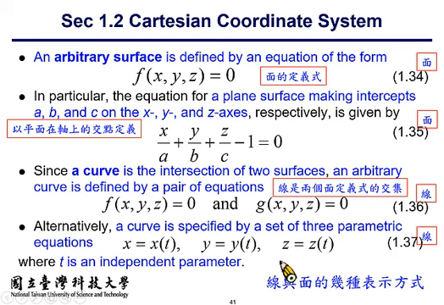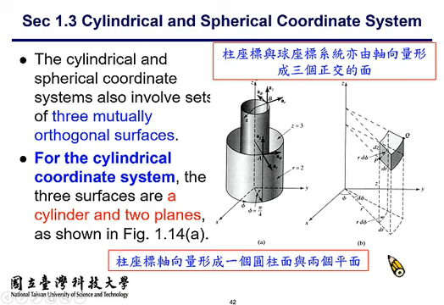So it's another description that you can use to describe a line. So here we have a description of a surface and a line. All right? Okay, let's move on to section 1.3.